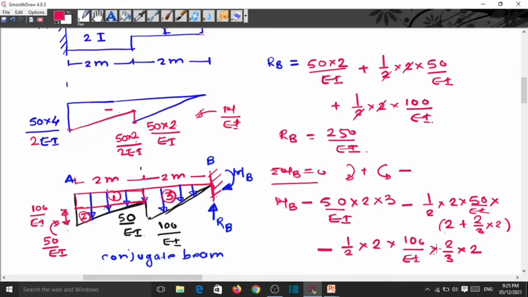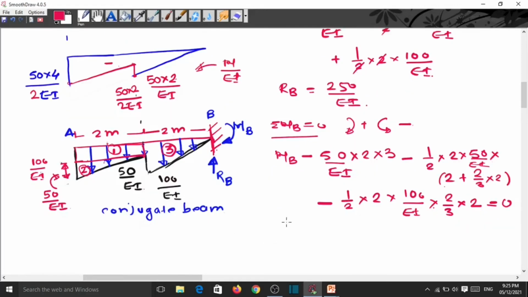So this MB equation is equal to 0, and we got MB equal to 600 divided by EI. So we got RB equal to 250 by EI and MB equal to 600 by EI.